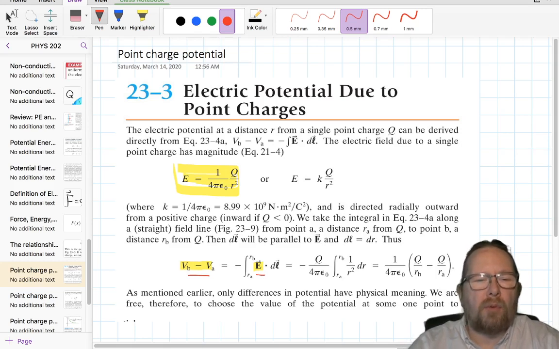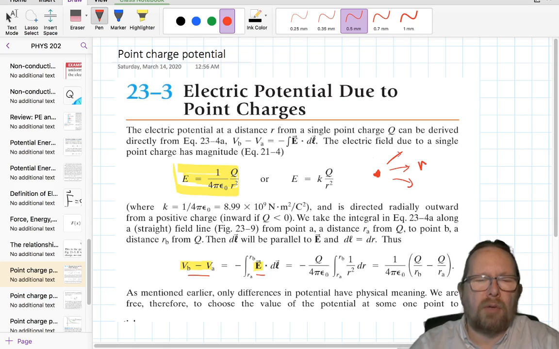If E is 1 over 4 pi epsilon naught Q over R squared, and the potential difference between two points is just equal to the integral of E from one point to another, we know that because of symmetry, if you've just got a point in space, everything can only depend on R.